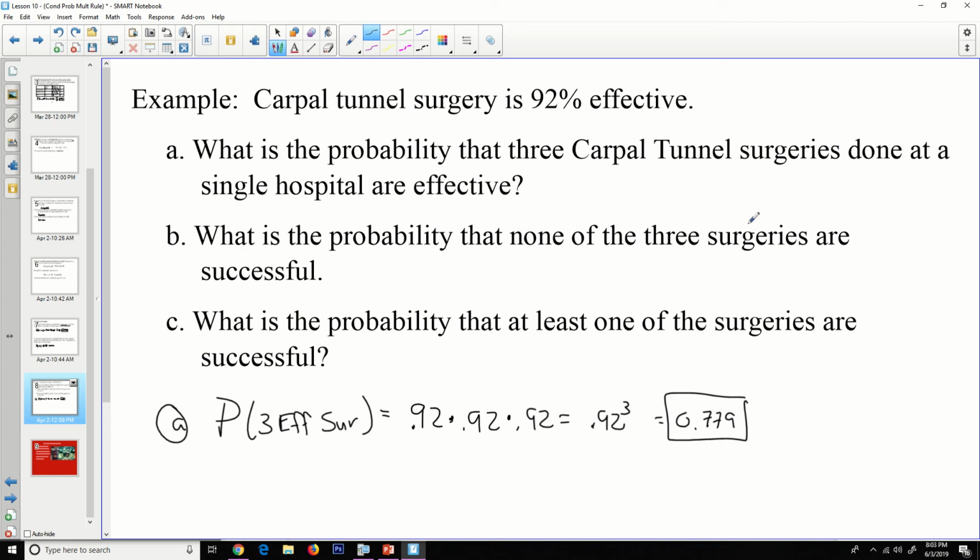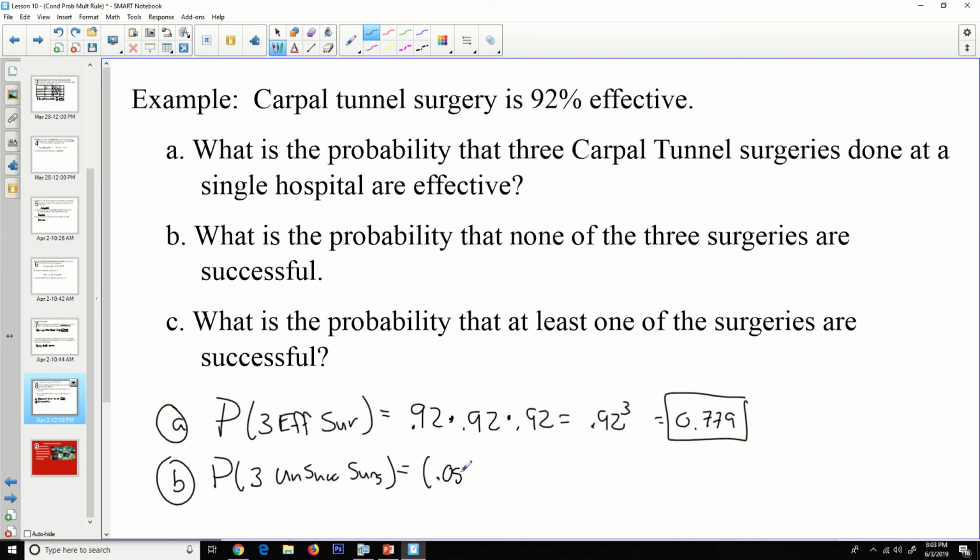What is the probability that none of the 3 surgeries are successful? All right, probability that 3 are unsuccessful. Well, if the probability that they're effective is 92%, the probability that they are not effective would be 8%.